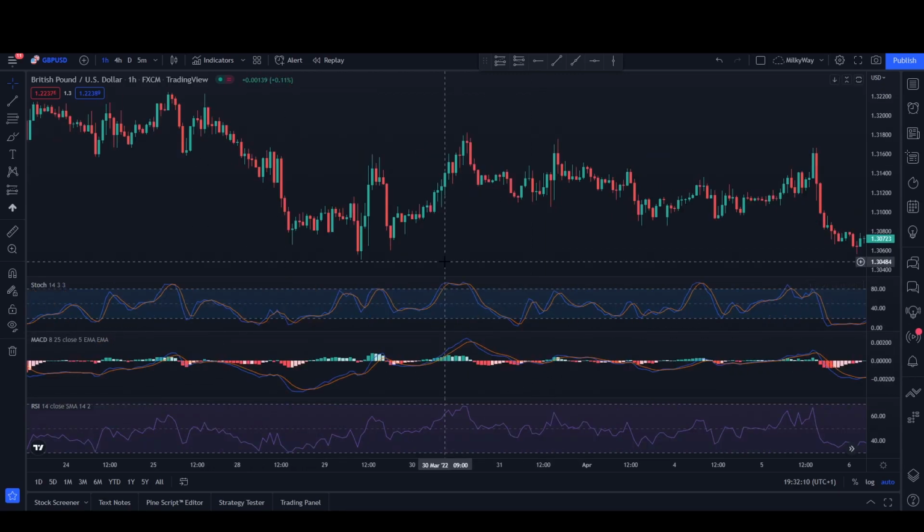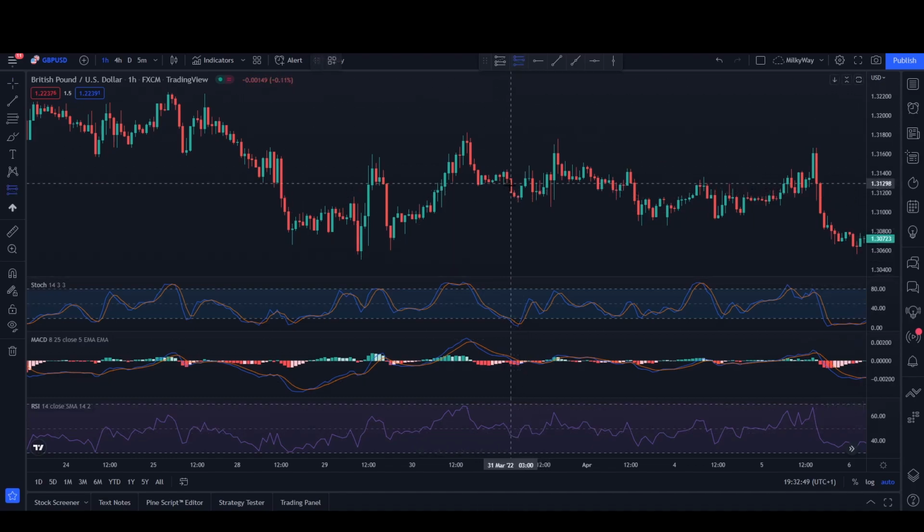All right, so the first point of reference is the stochastic indicator. When the stochastic indicator is overbought, which means it's above the 80 line, we are looking for short positions. So we take a short position after the stochastic has reached a value of above 80. The MACD needs to be trending downward and the RSI needs to be below 50, which means that in this case, it would be exactly at that candle.